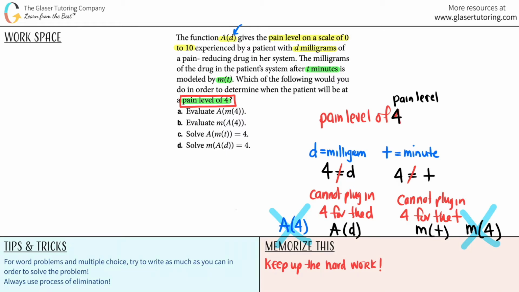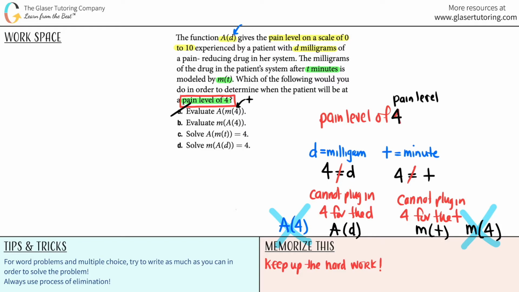So that's why you write as much as you can and use process of elimination. Look at these two. In A, you see how they're saying M is being placed for 4. And we know that this was representing a T because T is in there. So that's not good, right?